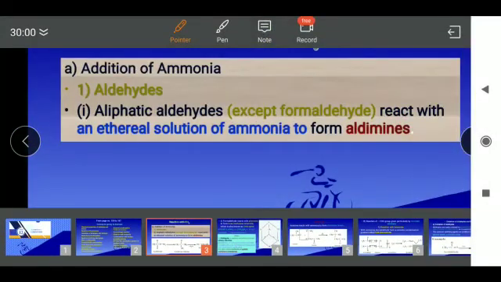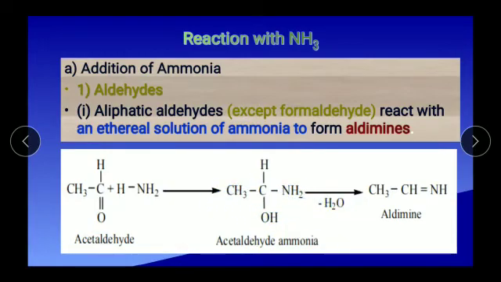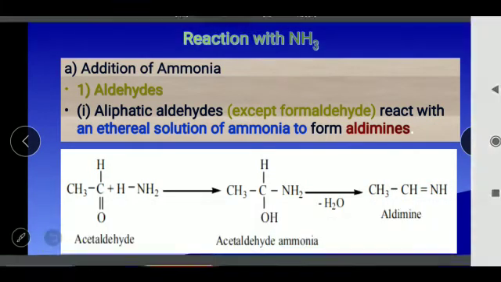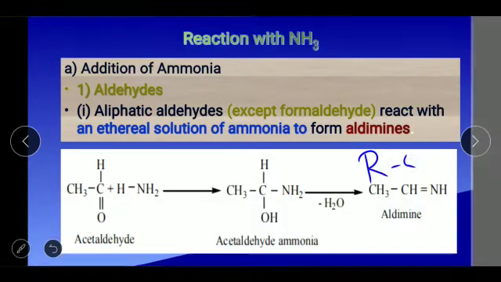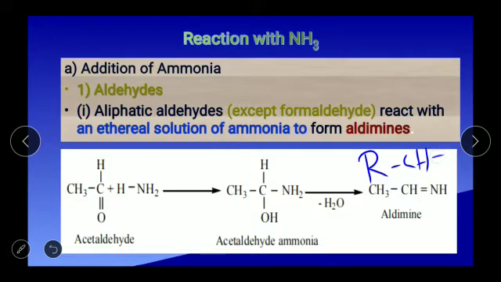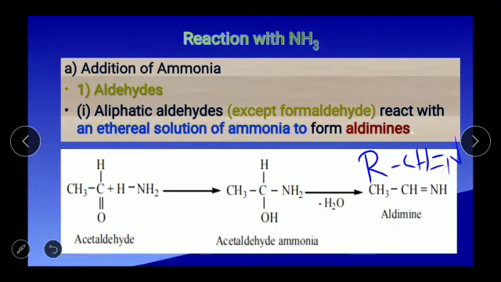Aliphatic aldehydes give primary aldimines. Its common formula is RCH double bond NH. Now we move to the chemical reaction.